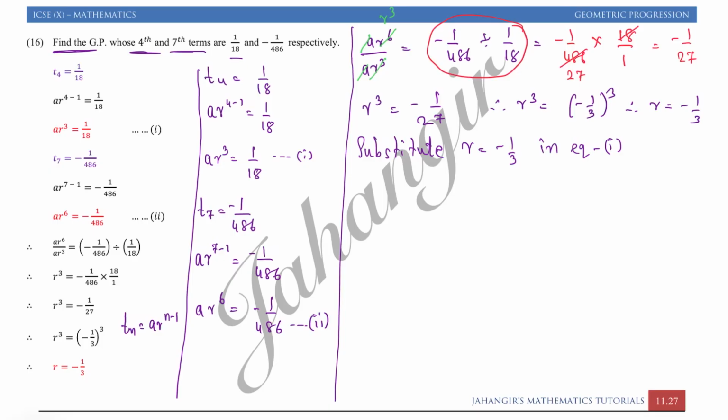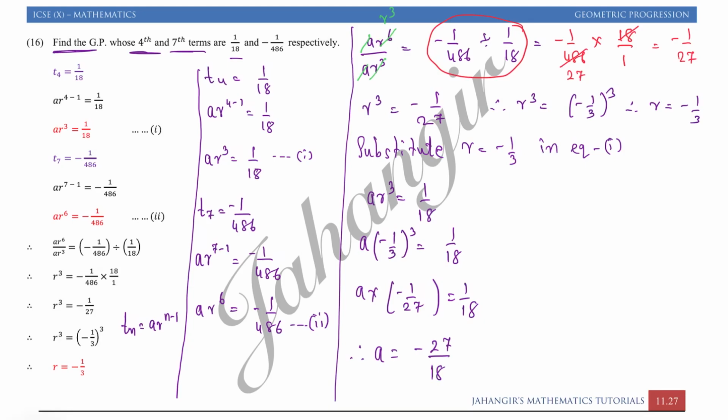First equation is A R cube is equal to 1 by 18. Value of A into minus 1 by 3 raised to 3 is equal to 1 by 18. A into minus 1 by 27 is equal to 1 by 18. So therefore A is equal to minus 27 upon 18, that is minus 3 by 2.